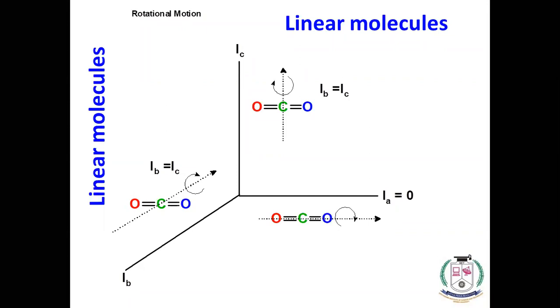But if you come to IB and IC, the axis goes through carbon as the IC axis.